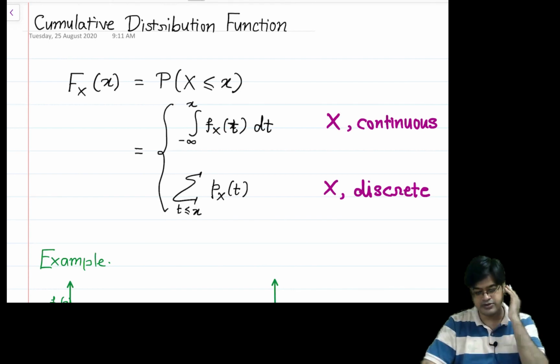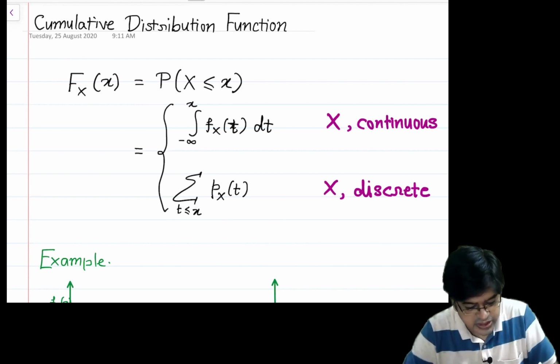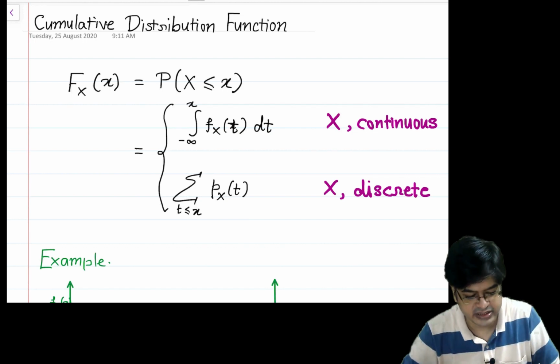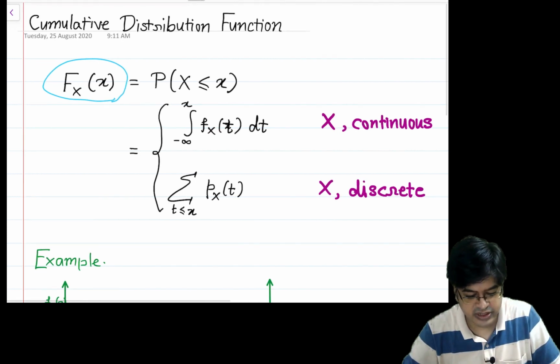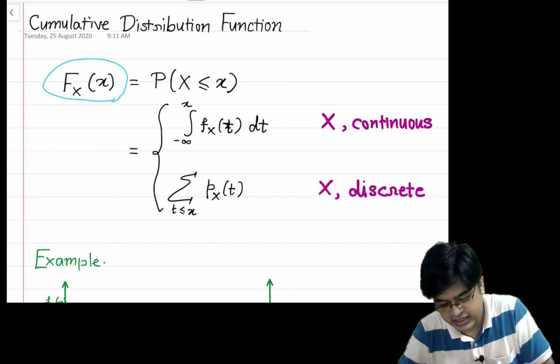So what is a cumulative distribution function? The cumulative distribution function is defined as capital F_X(x), which denotes the probability of capital X less than or equal to small x, for all x.